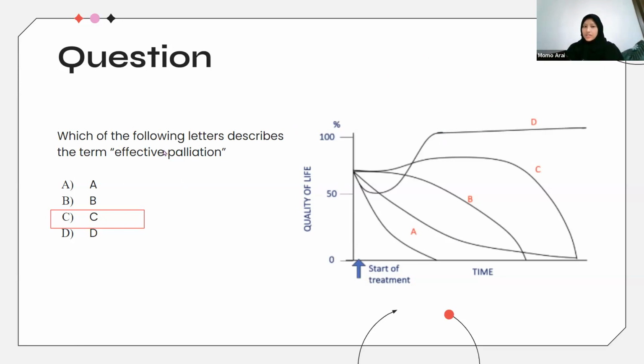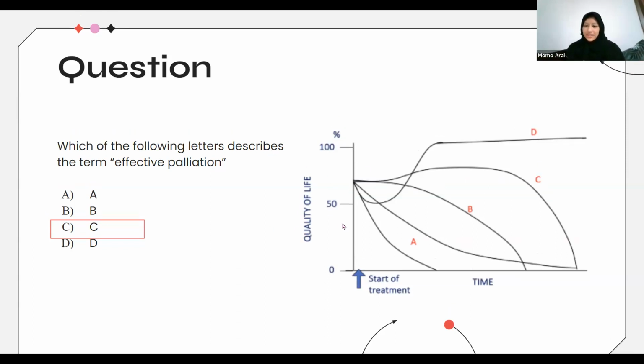C is the answer here, which is effective palliation, because palliation is just to provide comfort, to make the patients live more comfortably and have a better quality of life. But palliation is not curative, which means it doesn't cure, it just treats their current symptoms to make them live a better life, right? So again, this is also from your lecture. I hope this is clear.